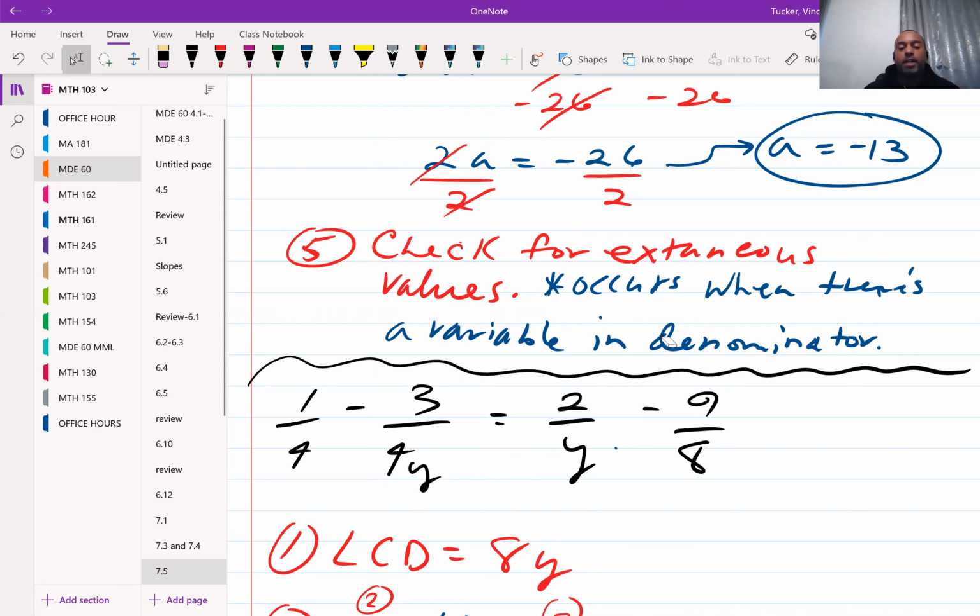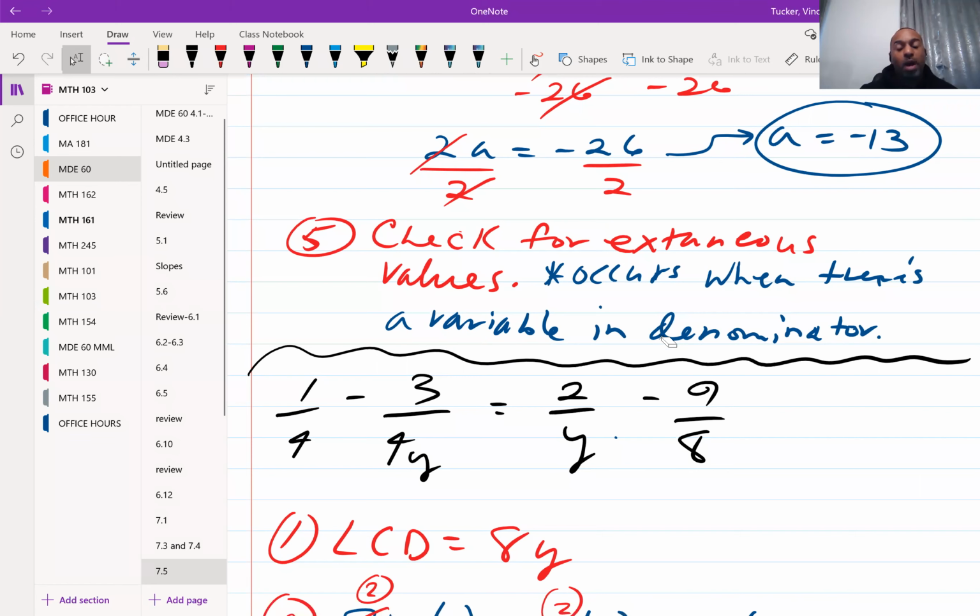So once again, we want to find the LCD, common denominator. That's the smallest term that each one of the denominators can divide into evenly. So we see we have a 4, we have a 4y, we have a y, and we have an 8. So as far as 4 and 8, the smallest number that both 4 and 8 can divide into would be 8. And then of course, all we have is y. So that's why our LCD would be 8y, because of the 4, 8, and the y that is involved in each one of our denominators.